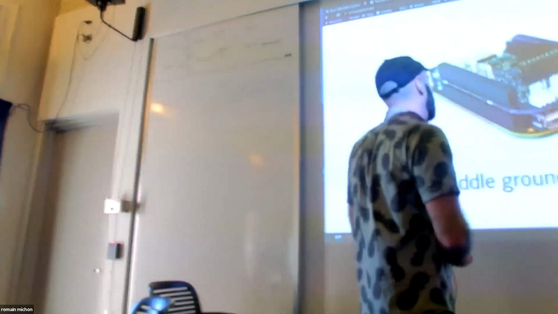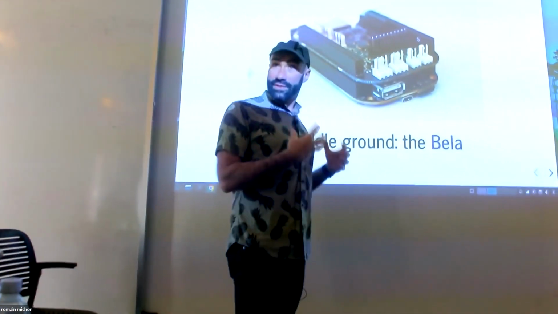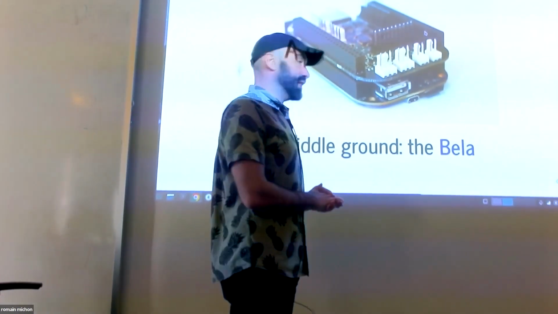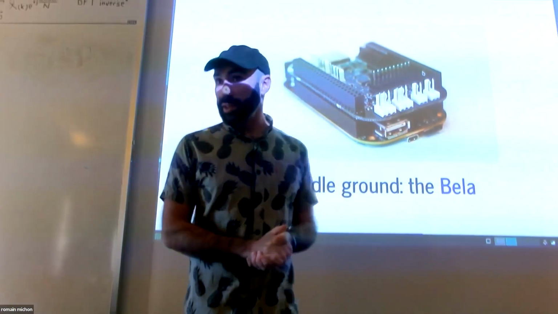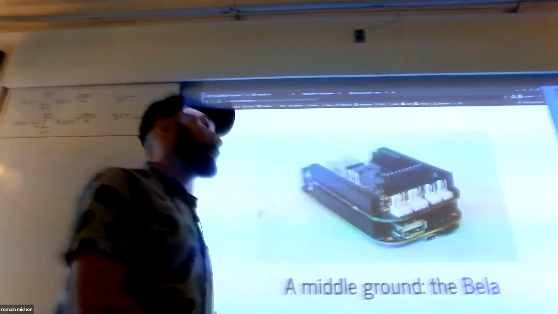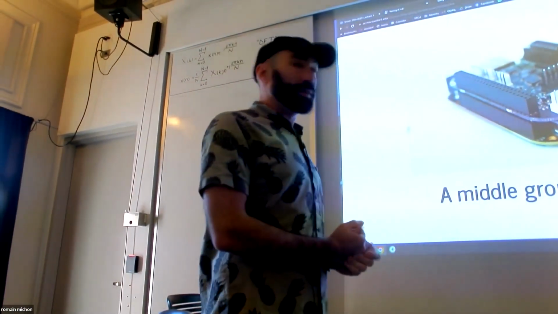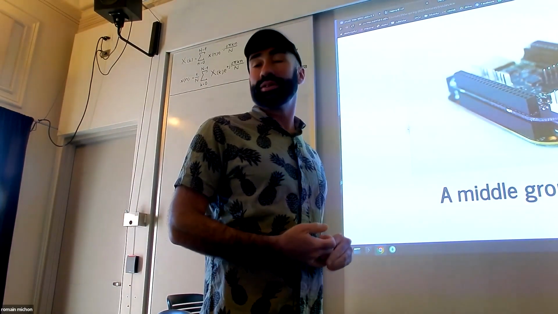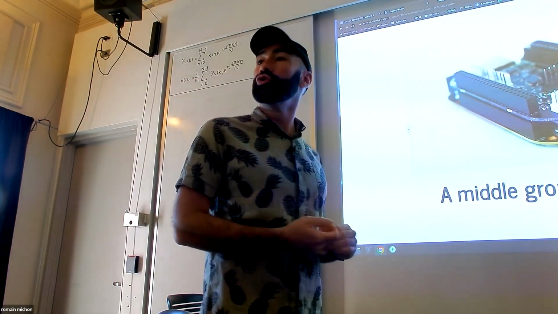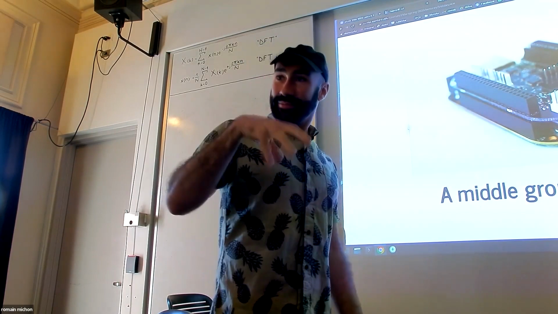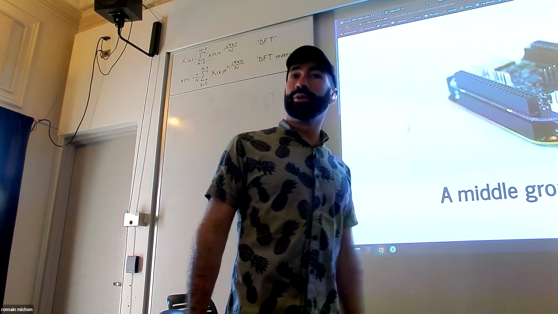So that's the main disadvantage. The Bela is an expensive platform, and maybe for your projects you might want to use it, because you can afford it, but for 250A it was a little bit too much for a class. So we're not using the Bela for this reason.